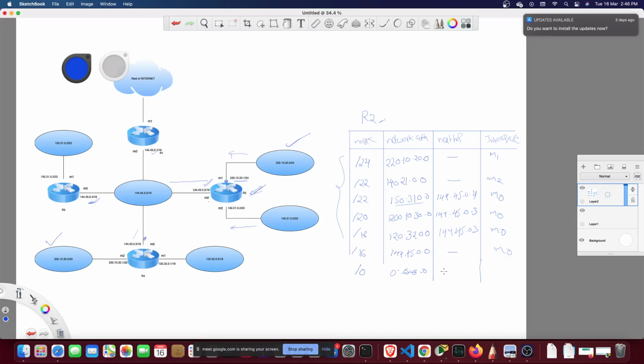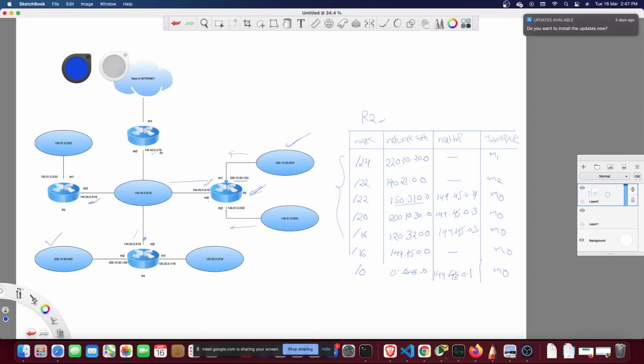That is a gateway, the default gateway, isn't it? 144.45.0.1, interface M0. Okay, so that is how we construct the routing table for any given router.